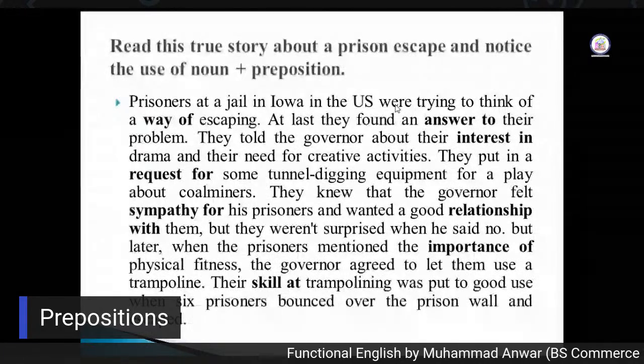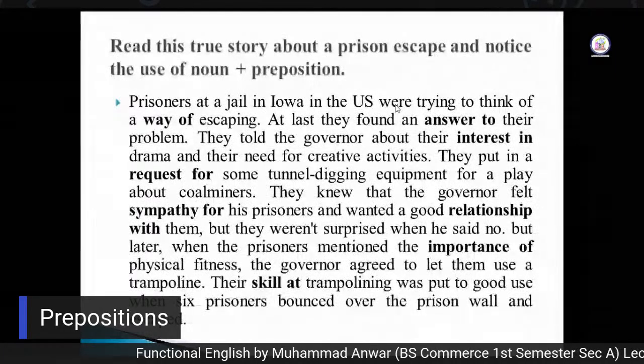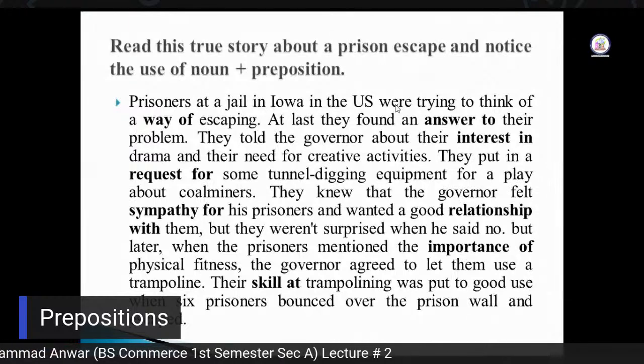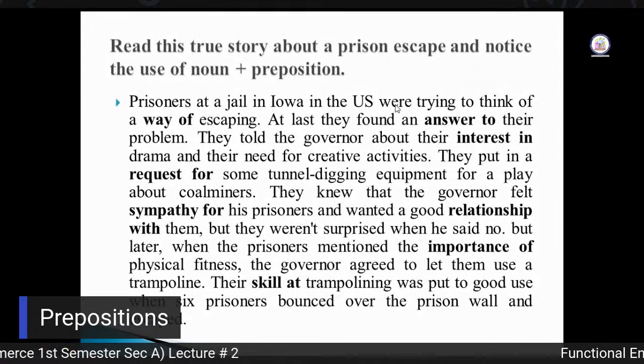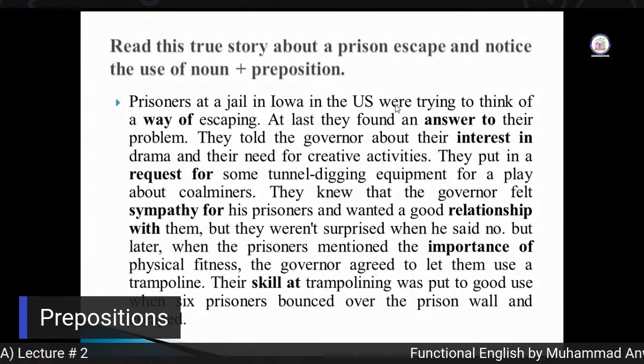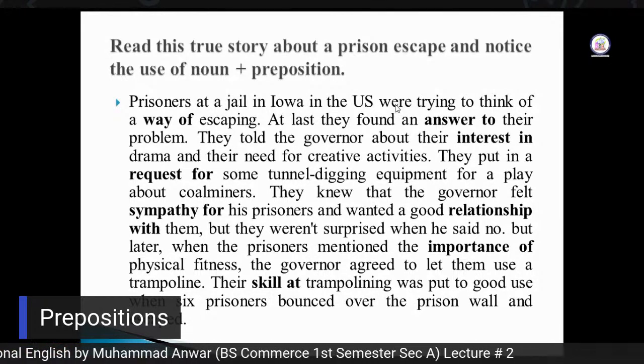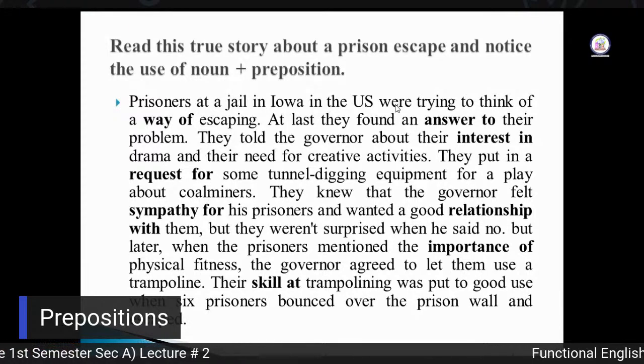Their skill at trampolining was put to good use when 6 prisoners bounced over the prison wall and escaped. So here you can see in this particular paragraph, noun plus preposition का बताना जा रहा था, way of, answer to, interest in, request for, sympathy for, relationship with, importance of, skill at.